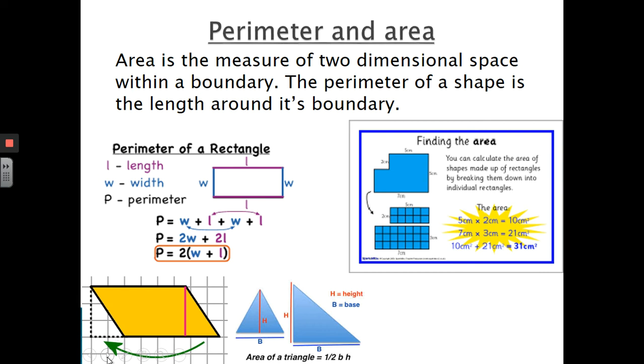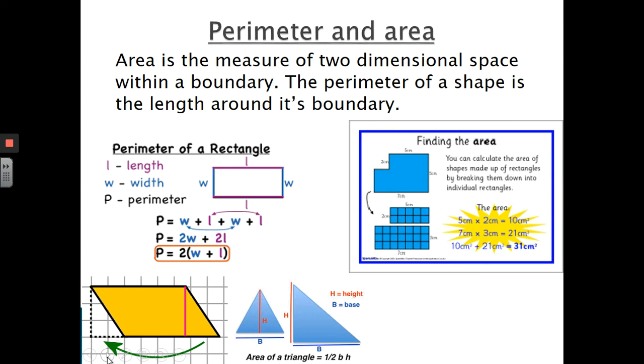For area, they'll tend to start, as it looks in the example, by counting squares as arrays. So early in key stage 2, they would associate area as an array of squares. And then later on, to be more efficient, rather than counting, they can think about just multiplying the numbers out.